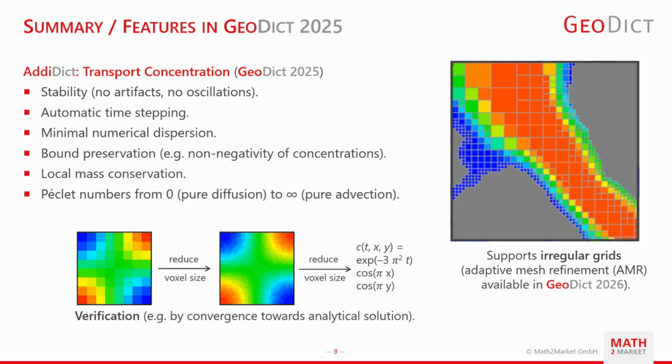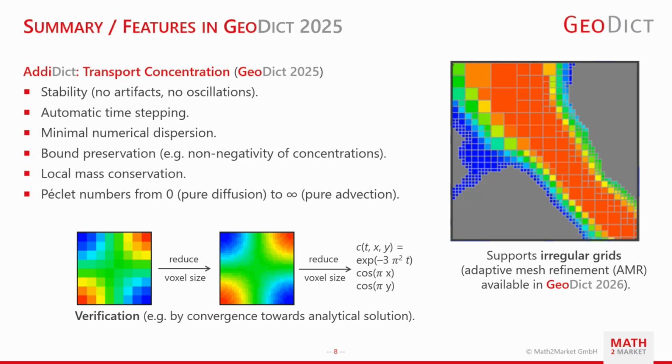You just give the solver an error bound, and the solver takes care of the time stepping. The discretization is designed in a way that it's locally mass conservative, which means that all mass that flows from one cell to the other cell is not lost, and there's also no gain of artificial mass. And this also implies global mass conservation, by the way.